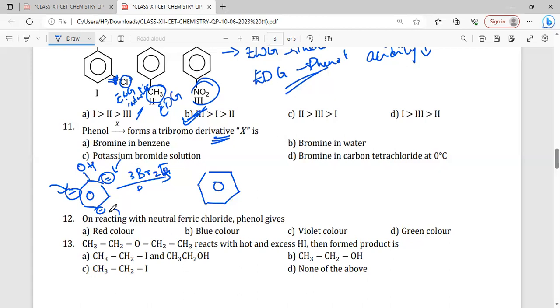All these positions are highly susceptible to electrophilic attack. Whenever you add bromine water, obviously you will be getting the tribromo derivative. Okay, so it should be.